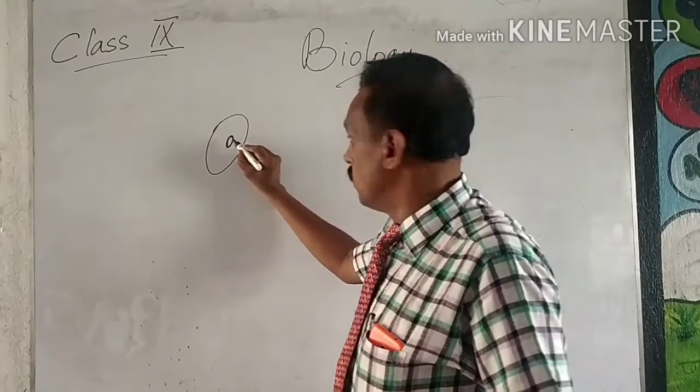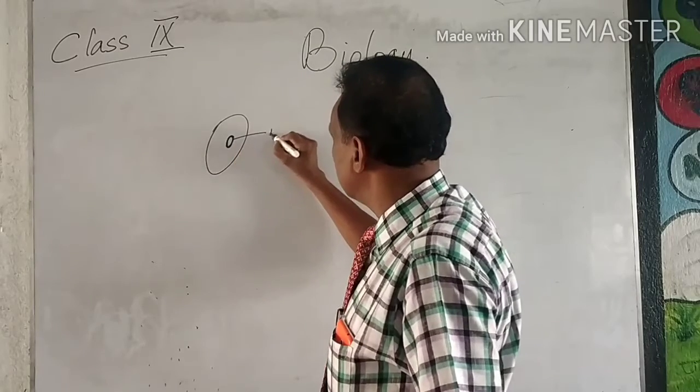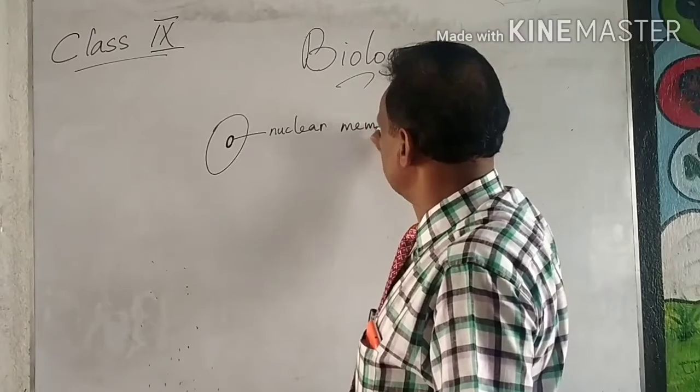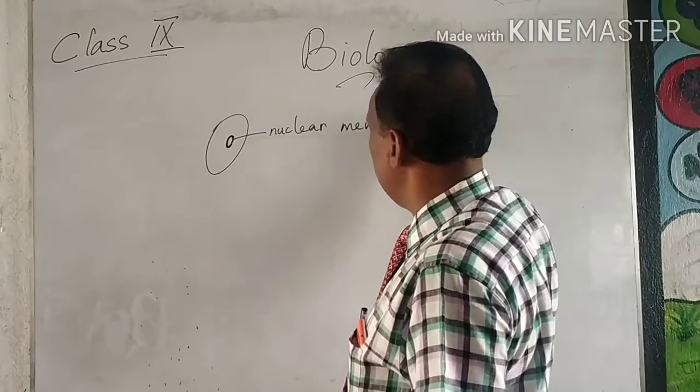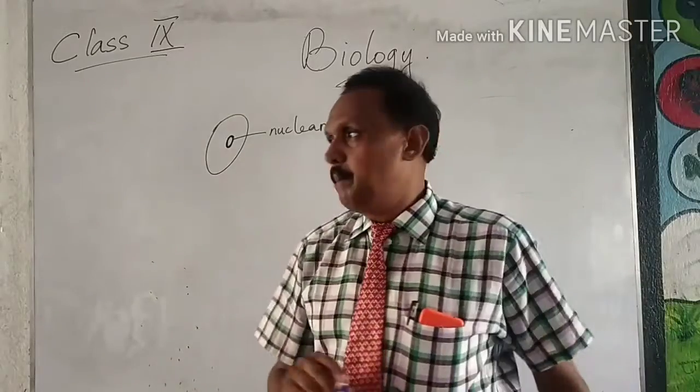It is called the nucleus, and the nucleus has a double layered wall that is called the nuclear membrane. It has a protection, a double layered covering, called the nuclear membrane.